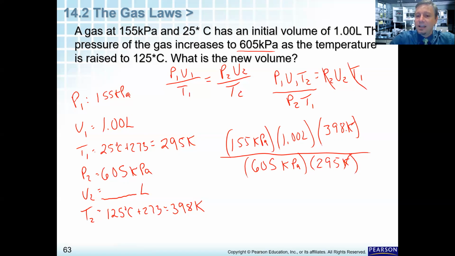So my Kelvins cancel, my kilopascals cancel, and that leaves me my liters, which is what I'm solving for. And when I look at what I need to be at, I have 3 significant figures. I've got to stay at 3 significant figures.